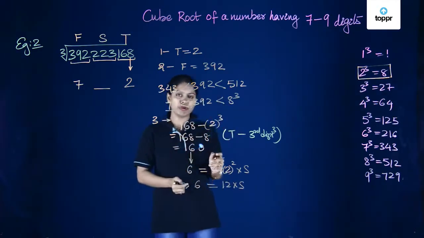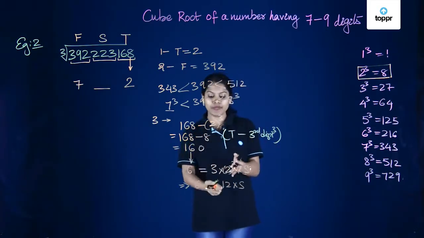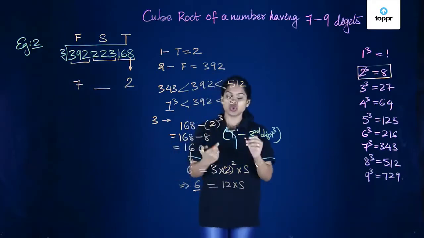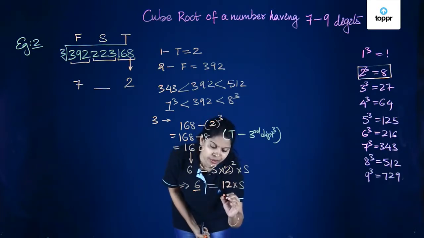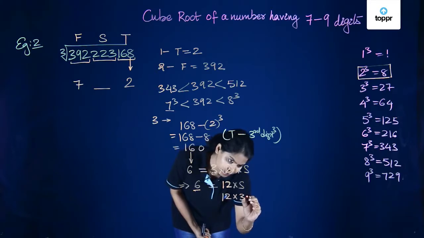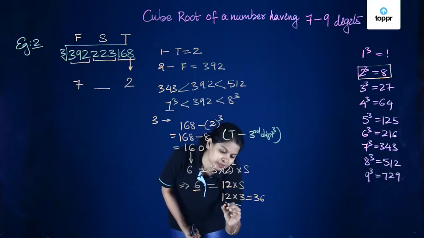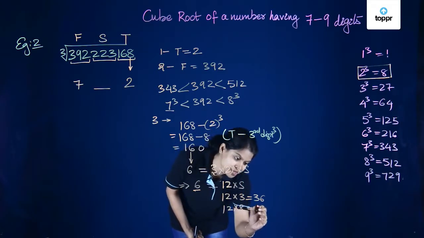So what we are looking for is a number s, which when multiplied by 12 gives us a number with units place 6. So 12 multiplied by what gives a number with units place 6? 12 into 3 gives us 36, and 12 into 8 gives us 96.